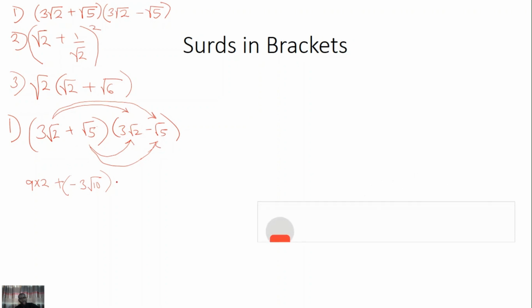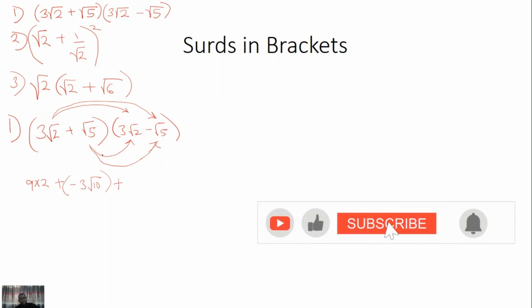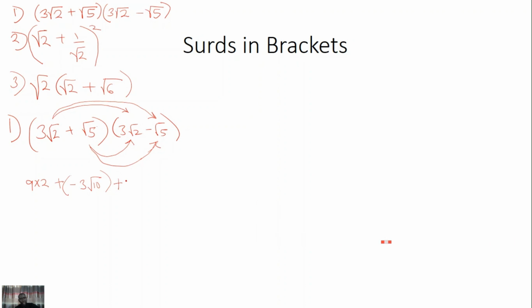That will be equal to plus, whole number first, 1 times 3, that will be 3. Okay, then root 5 times root 2, that will be root 10. Okay, then the next is to multiply by this, and that will be plus times minus, that will be minus. Okay, root 5 times root 5, that will be equal to 5.